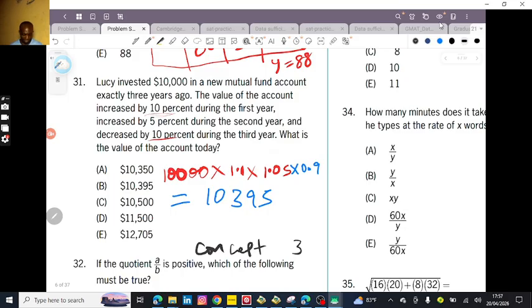The value of the account increased by 10%. That means we multiply by 1.1. The value increased again by 5%. We multiply by 1.05. And it decreased by 10% during the 3rd year. So we multiply by 0.9.